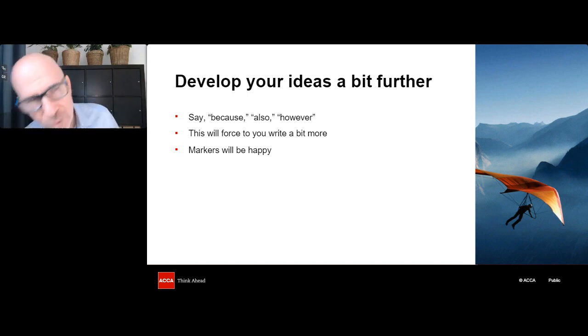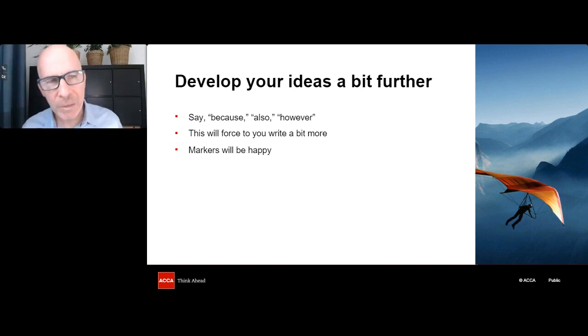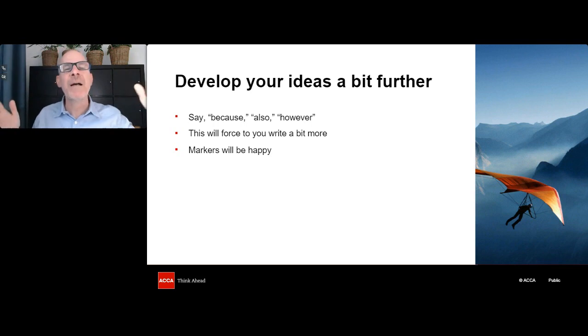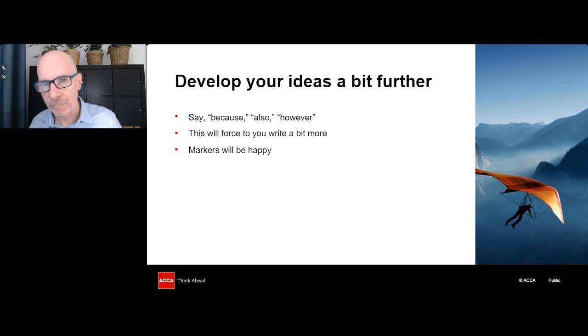Okay, it's going to force you to write more. Markers will be happy when they see your ideas are developed. When you give a good example, when you look at a point from another point of view, you can get a technical mark, and it's also evidence of the professional skill, so it can give you the professional mark.